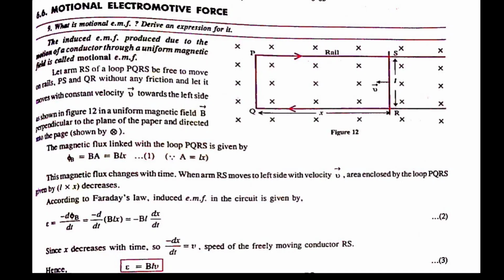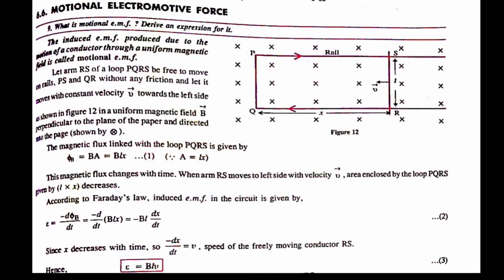Since x decreases with time, minus of dx divided by dt is taken as velocity v with a positive sign, because here the negative sign shows that x, that is the distance, keeps on decreasing with time.